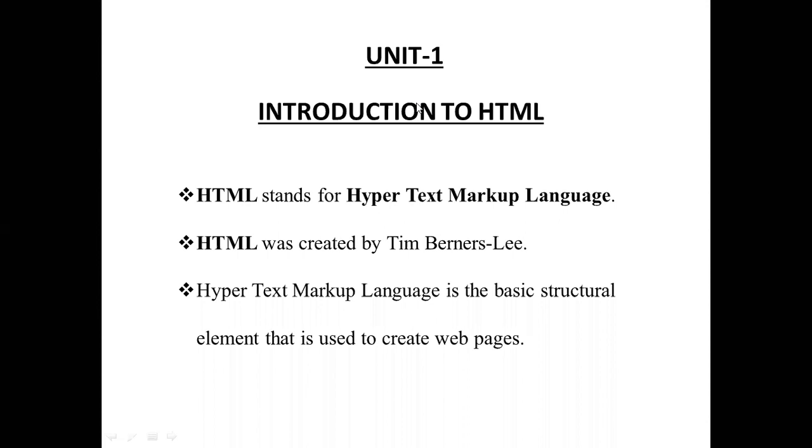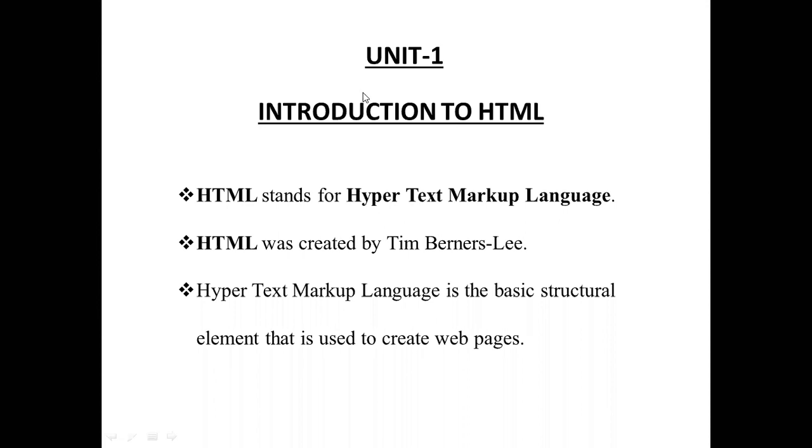Next, in web technology there are mainly three types of code to design a web page. If you want to design a web page, we have to learn three types of code. The first is HTML, which is used to prepare the content for the web page.